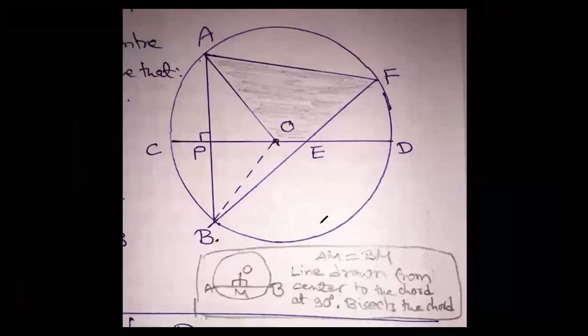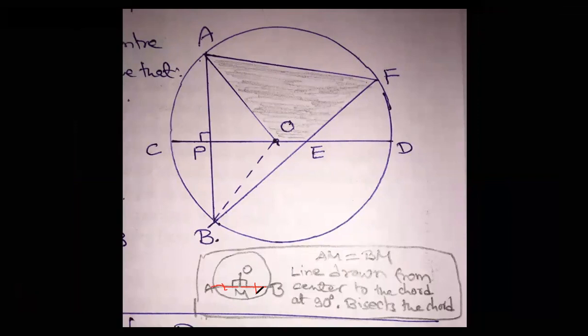So first of all, we need to know one rule. Whenever a circle is drawn and a chord is drawn, and a line from the center to the chord is at 90 degrees, then this line and this line are going to be equal to each other. So AM is going to be BM. The line drawn from the center to the chord, if it is perpendicular, will bisect the chord.